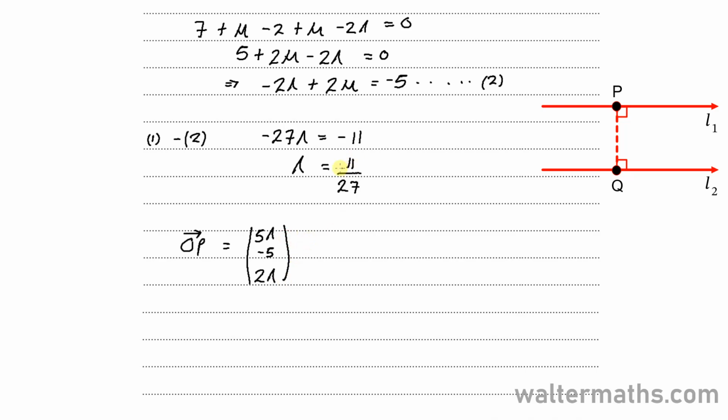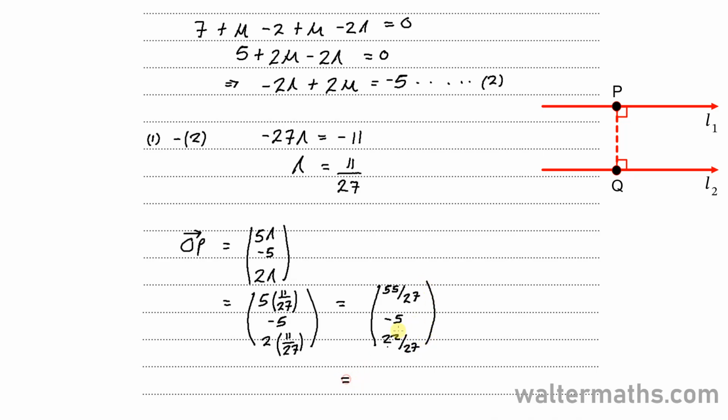And since lambda is 11 over 27, that will be 5 of 11 over 27, then minus 5, then 2 of 11 over 27. And this is equal to 55 over 27 minus 5 and 22 over 27.